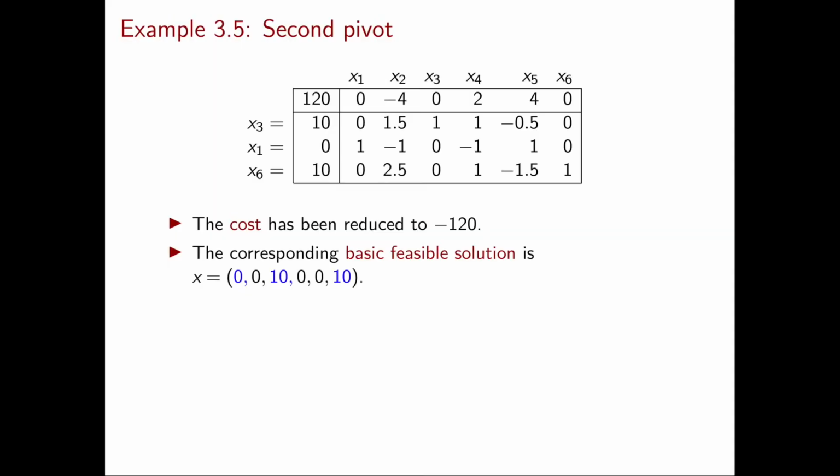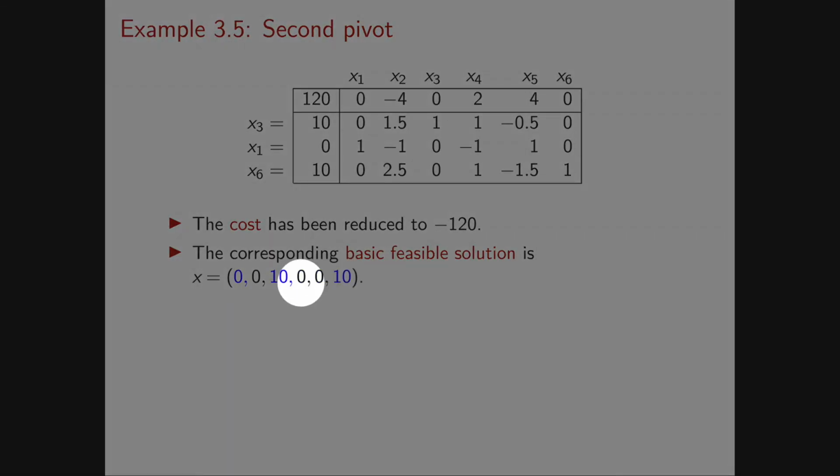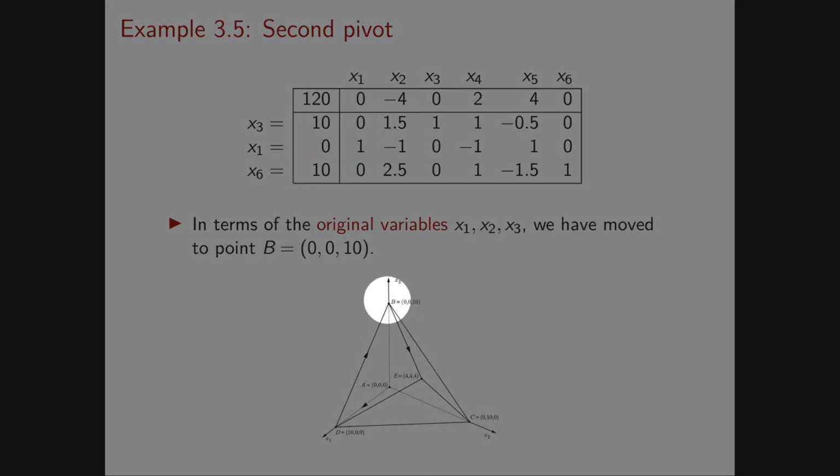Here it is. We can again interpret this basic feasible solution in the original three-dimensional problem. Dropping the slack variables, we obtain (0, 0, 10). So we have now moved to the point B. To recap, we started from A, moved to D, and now we move to B.